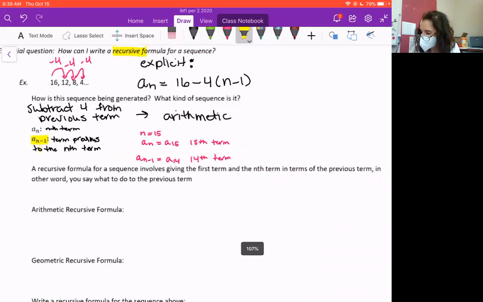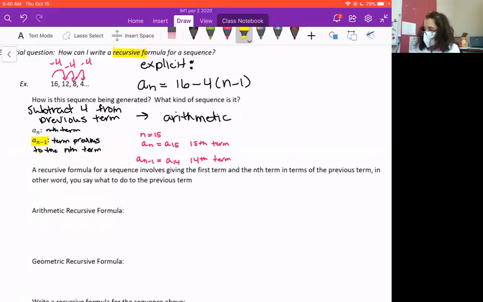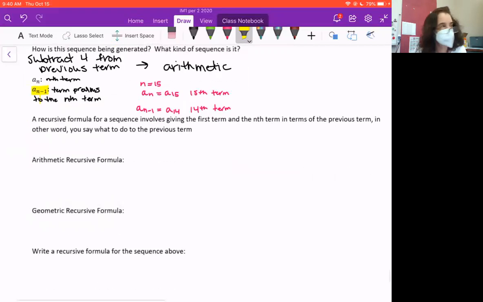So a recursive formula involves giving the first term and the nth term in terms of the previous term. In other words, you say what to do to the previous term. So an arithmetic recursive formula has two pieces. The first thing you have to do is give the first term of the sequence.